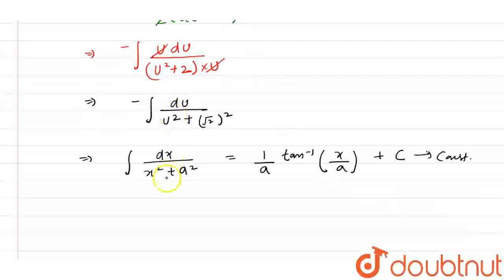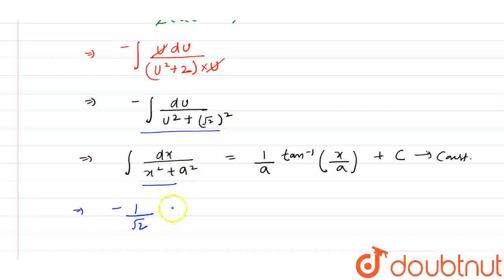Now by using this formula we can get the solution of this equation, that is minus 1 upon a, where a is equal to root 2. So root 2 tan inverse, the value of x here is u, a is equal to root 2 plus c.